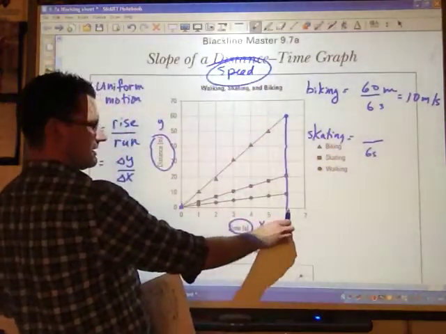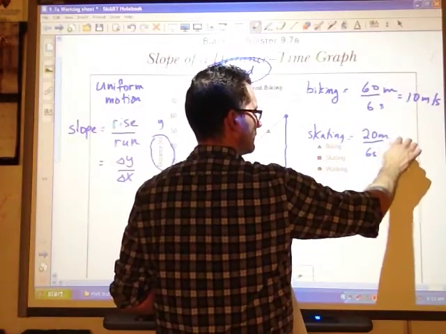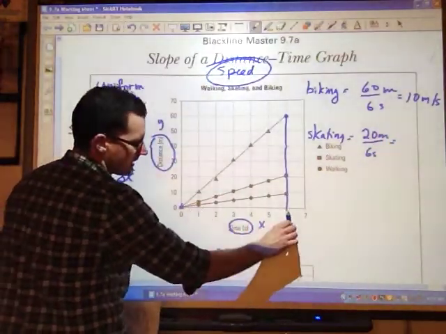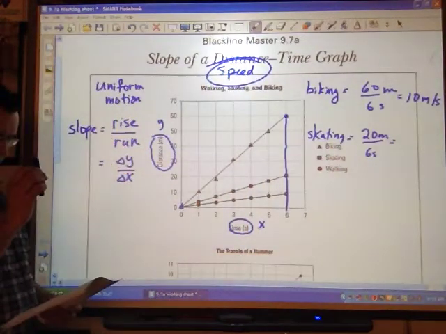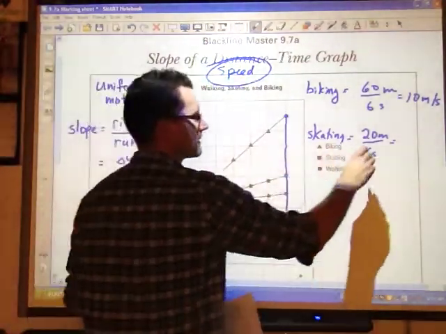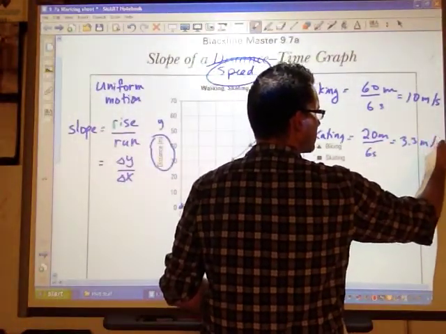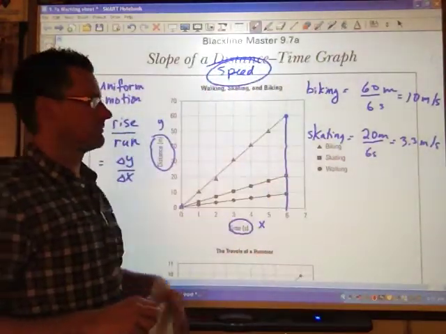And this time the rise is 20 meters, because I'm looking at this line here. So 20 divided by 6, I think you get around 3.3 meters per second. So you can see a much smaller speed, much smaller slope.